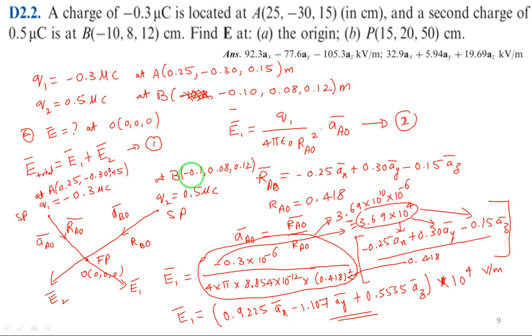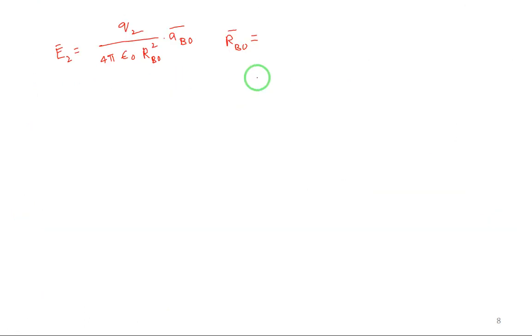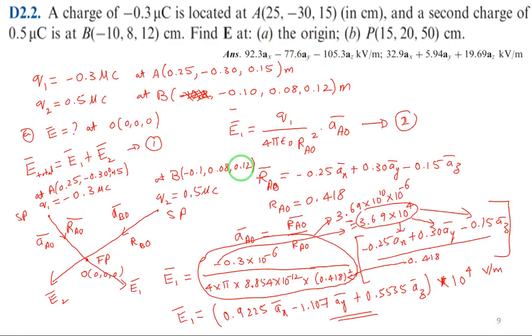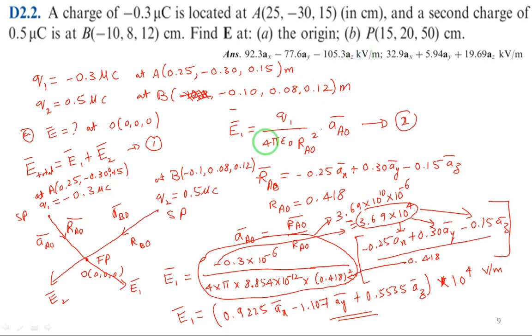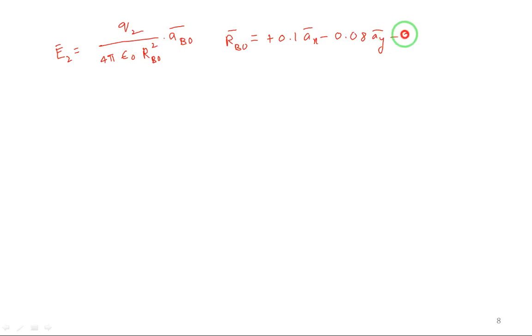Instead of minus 0.1, it will become plus 0.1 ax. Next it is plus 0.08, it will become minus 0.08 ay. The third is plus 0.12, it will become minus 0.12 az.